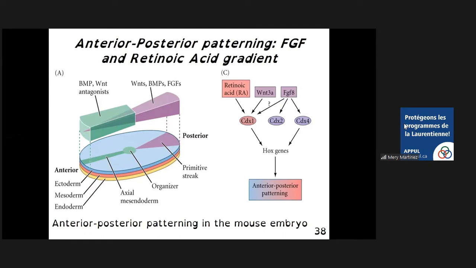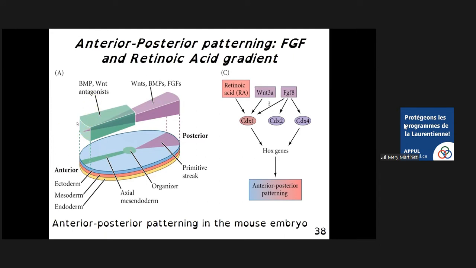Okay, so this is the last image we saw on Monday. We were looking at this anterior-posterior pattern in mammals. And we saw the effects of WNT, BMP, and FGF having a greater concentration at the posterior part of the embryo. And then we have the antagonists in the anterior part.